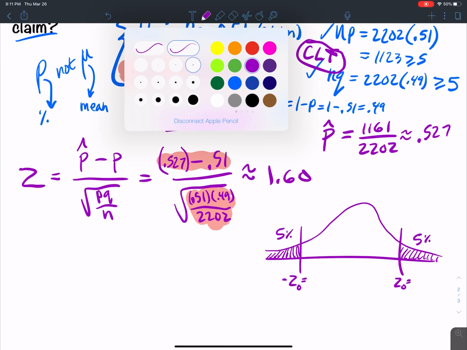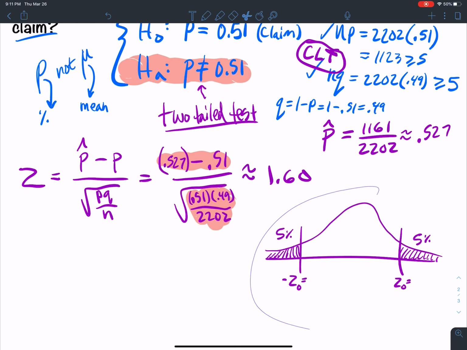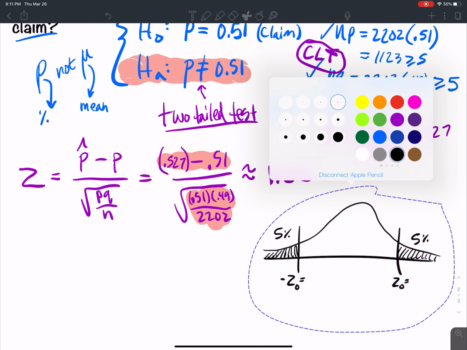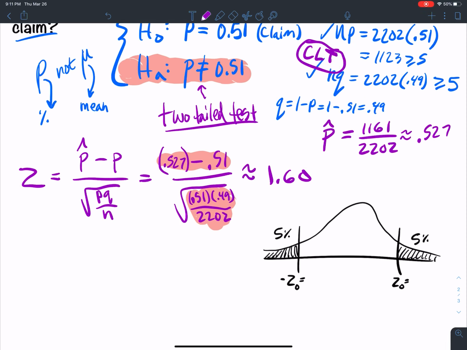If the z that I found is in the middle here, then I fail to reject. That's the non-rejection region. But if I find a z that's out here or over here, then this must not have come from that H0, and I would reject the H0 because it's probably lying. So we've got to see where the critical values are.